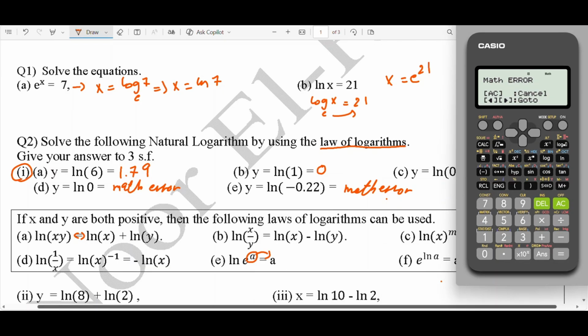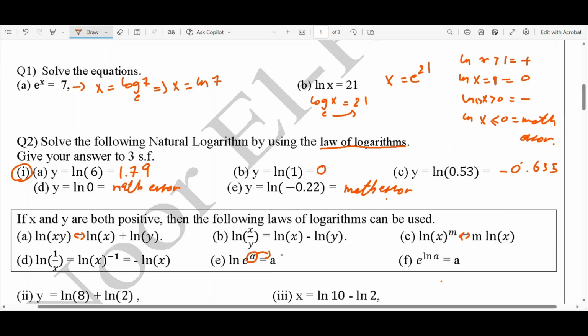Let's check. If I'm talking about ln, shift e to the power 3, what is the answer? The answer will be 3. So, ln e to the power a will be the answer, whatever the a value.